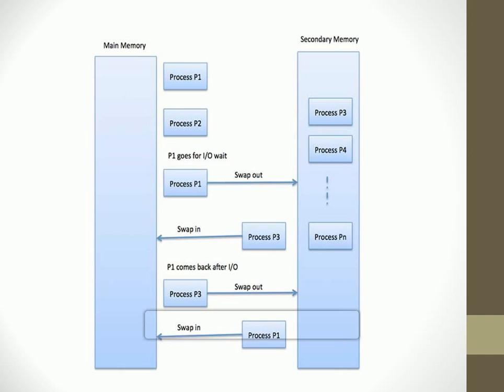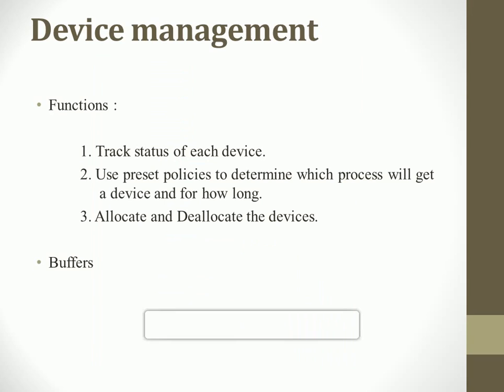This is a swapping operation. After P3 terminates, P1 comes back after the IO. P3 is swapped out, and then again P1 is swapped in to the main memory.